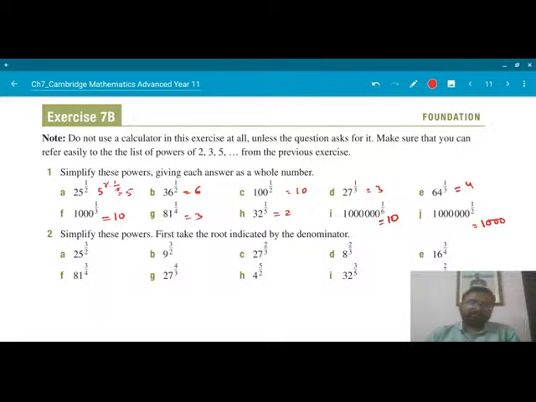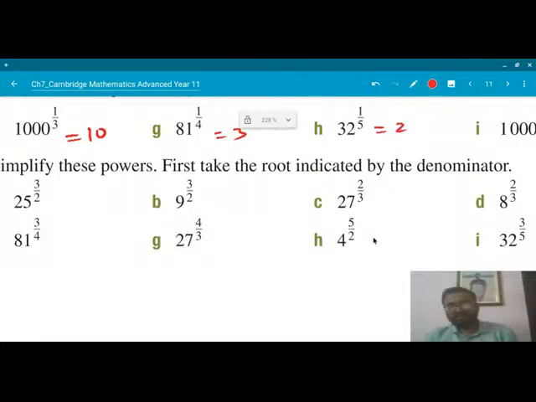First, take the root indicated by the denominator. For example, take the denominator 2, the square root, of 4 power 5. Power 5 comes later. First of all, take the nth root indicated by the denominator: it is 2 power 5, which is 32.